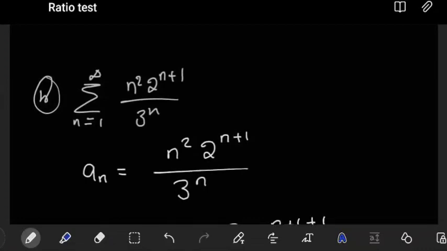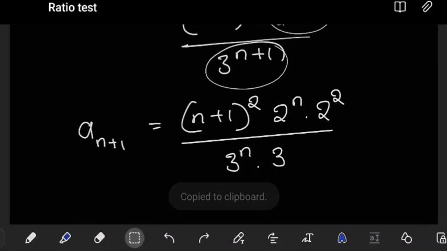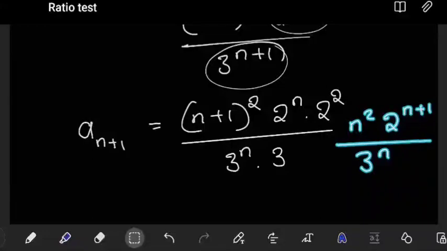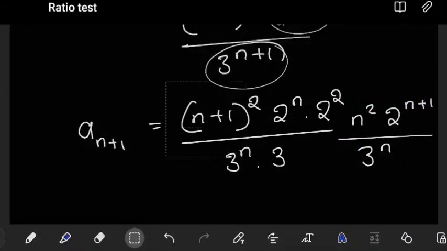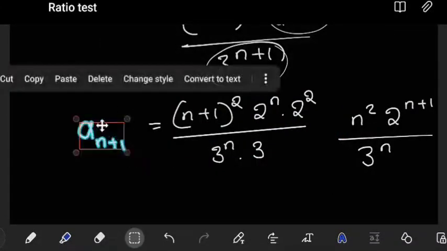So our a sub n is this expression here. So this is the division we're performing. Let's just make some of these a little bit smaller. Okay, so this is what we have.